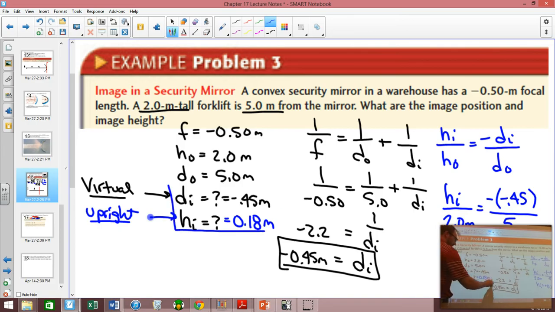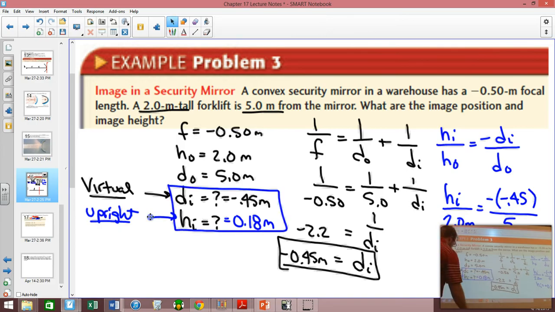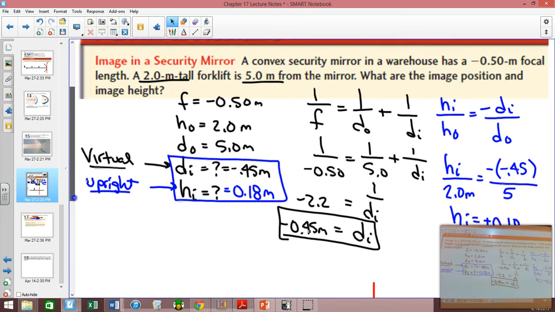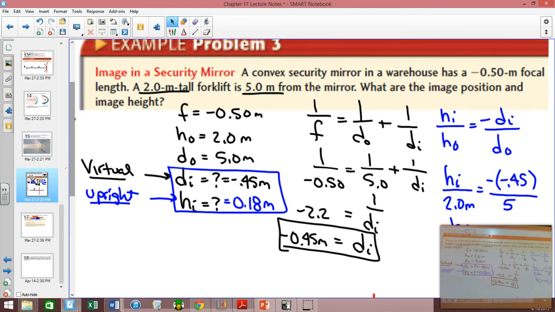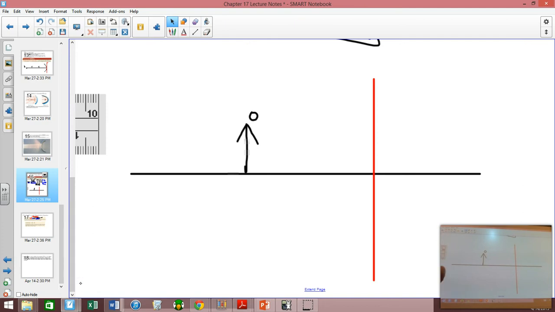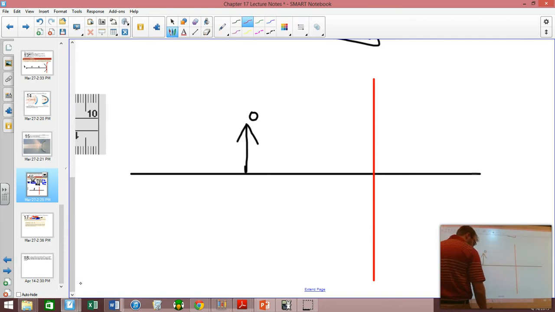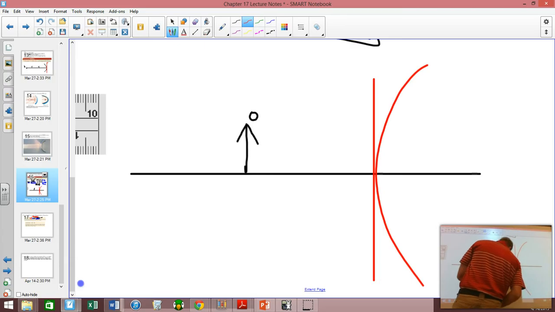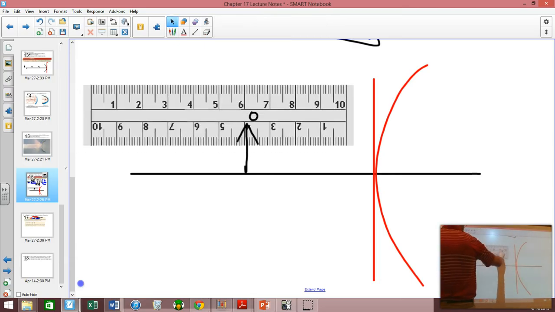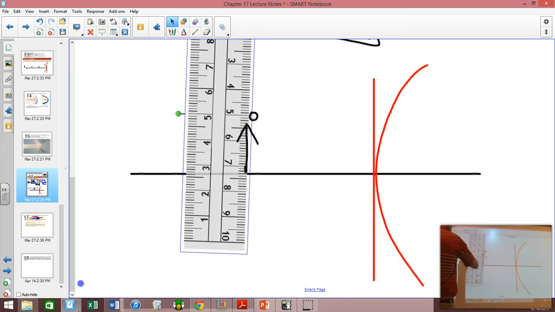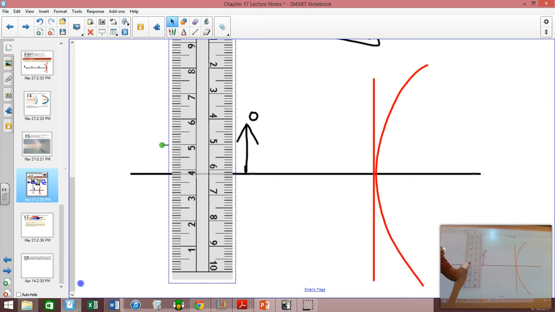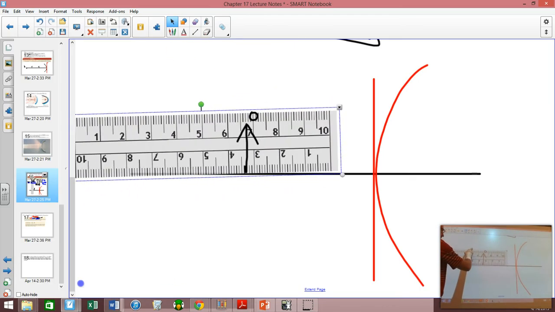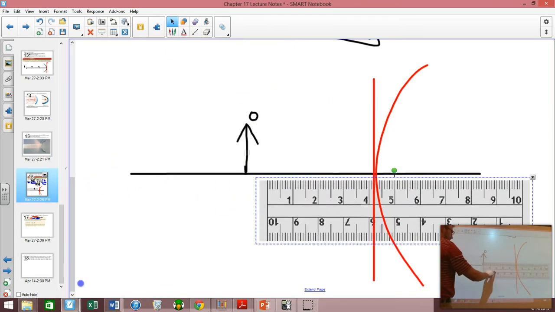So here are the two pieces that we needed to know. Now, I made a scale image of this. These equations actually take the place of drawing those ray tracings that we did, and I just wanted to show you how this works. Here's the 2 meter tall forklift, from 5 to 7, and it should be 5 meters from our mirror, so I put this over here to double check.